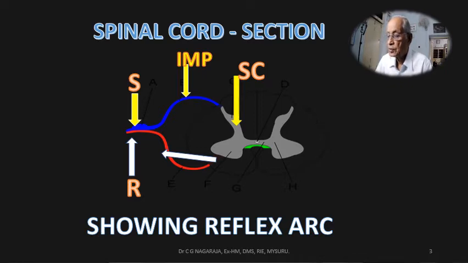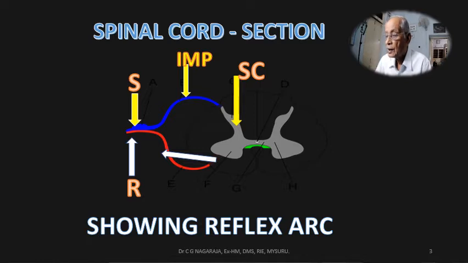If you touch a hot material, the hand contains receptors, and those receptors will collect the information, hot or cold or pain or whatever it is, and immediately send the message to the spinal cord in the form of nerve impulses.